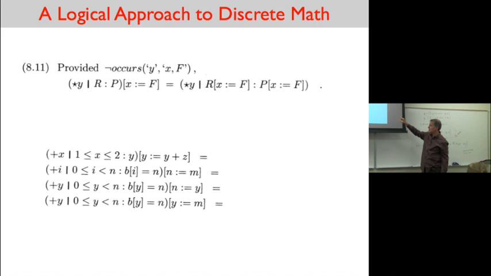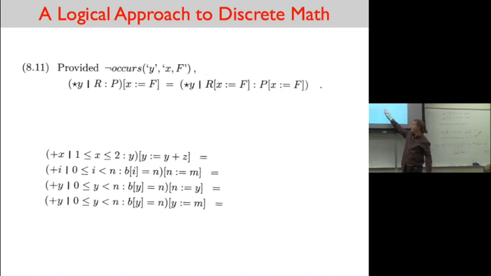In 8.11, it says provided Y does not occur in X or F. If you're going to do textual substitution and the dummy variable is Y, you cannot do it if that Y occurs in either X or F. And if it does occur in X or F, you have to do dummy renaming first. Are you with me?